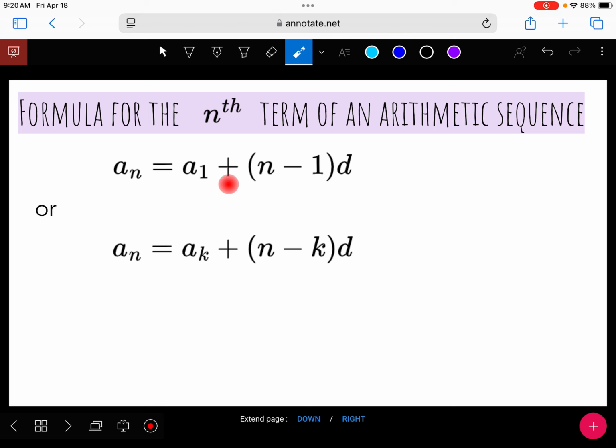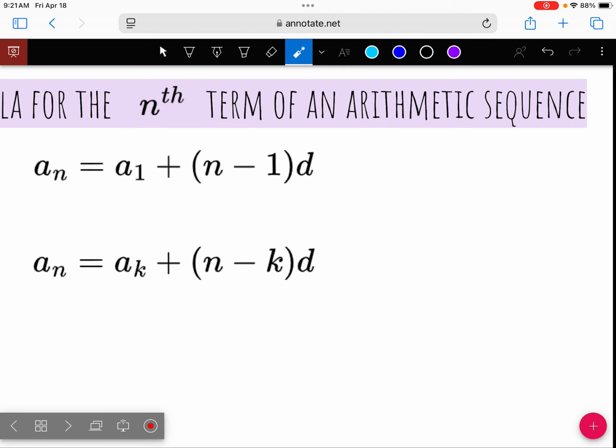We would have the first term plus n minus 1 times that common difference. That's what this d piece is here. It is our common difference. So we use this one if we're given a sub 1. Oftentimes we are, but not always. Sometimes we're just given a random term in the series.